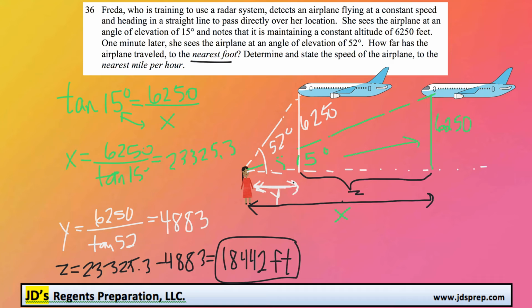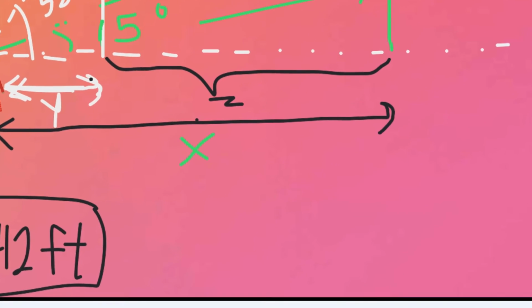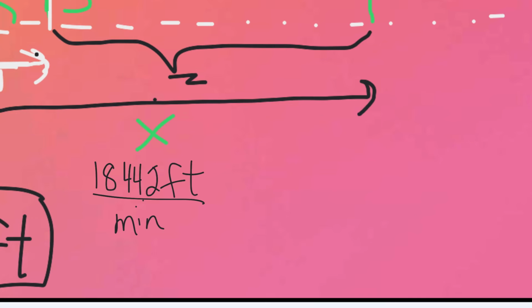Now for the final part of the question, we need to find the speed of the airplane. I'm running out of room, so let's zoom in over here. What we already know is that the plane is traveling 18,442 feet per minute, because we were told that's how far it went in 1 minute.